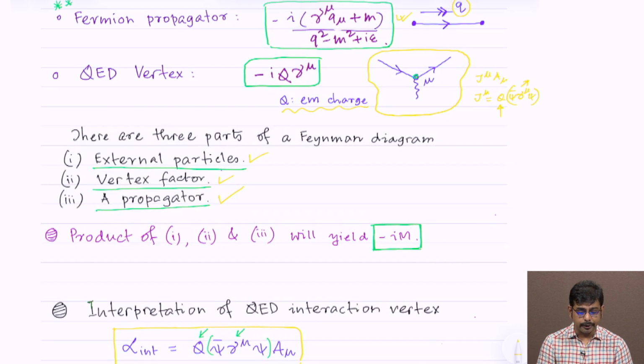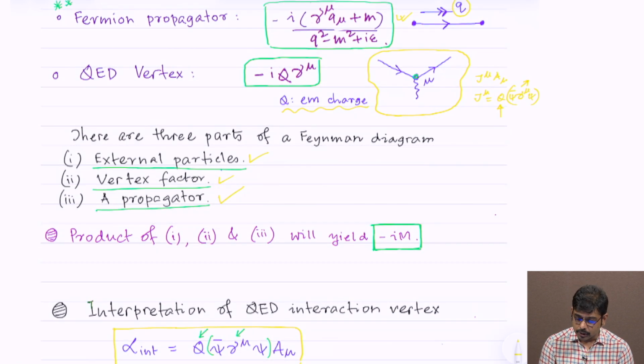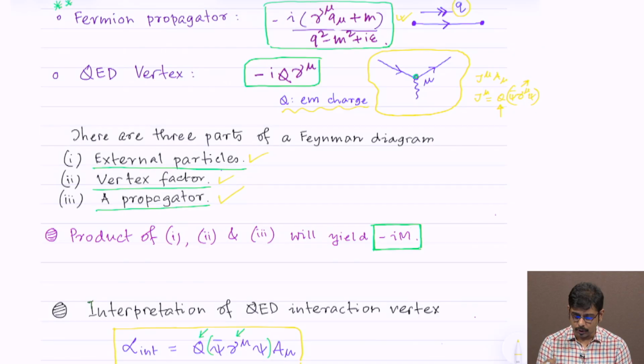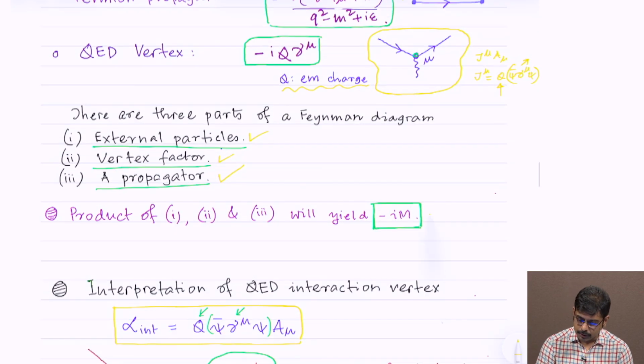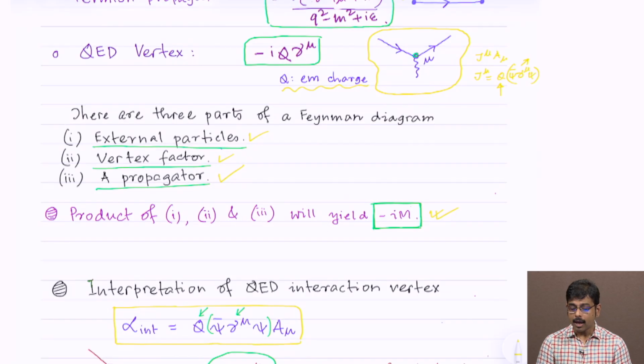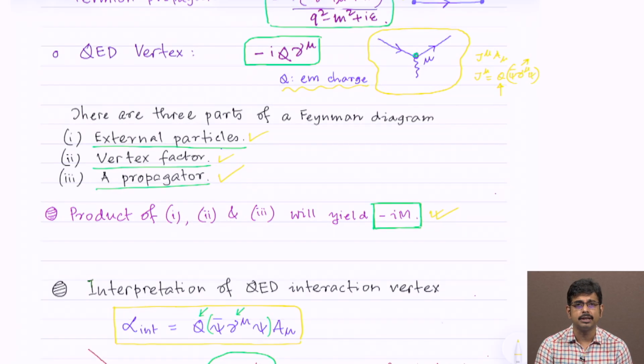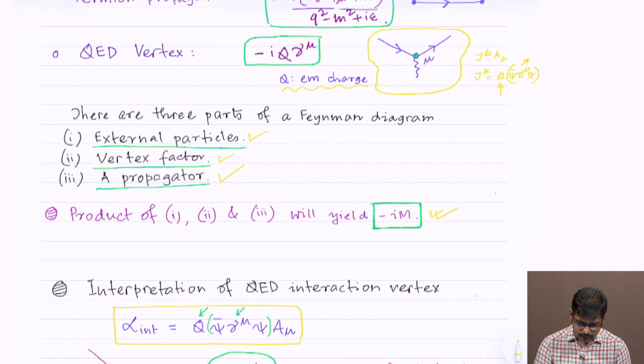When you take the product of 1, 2 and 3, this is going to give you minus i m. The way that we have defined the Feynman rules, this will give you minus i m, where m defines the matrix element or the amplitude of the particular process.